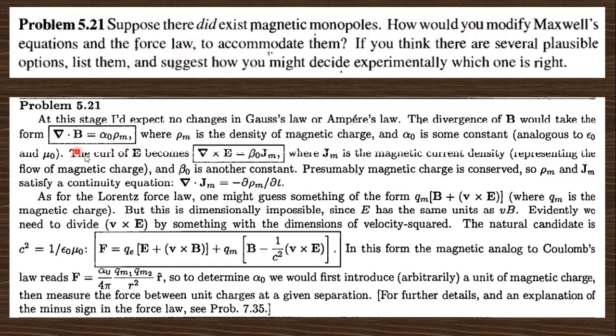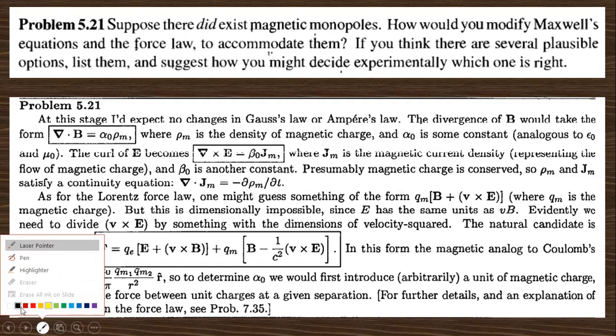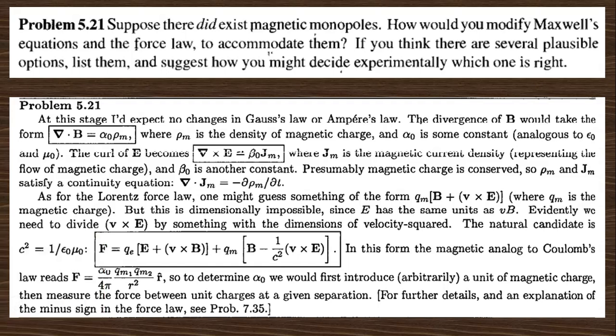So the Maxwell equation is modified like that, and the corresponding electric force will also be like that. This is equal, not minus. The curl of E is generally 0, but if you take this as not 0, as a magnetic current density, you can take it like that.